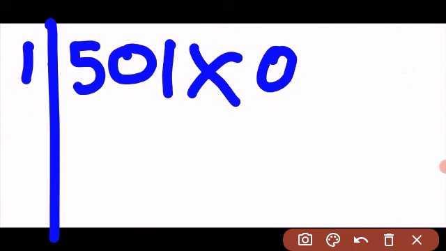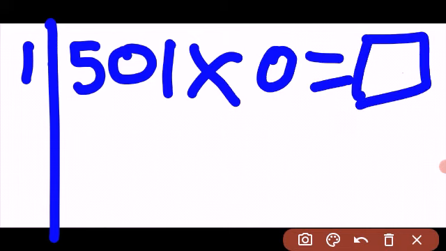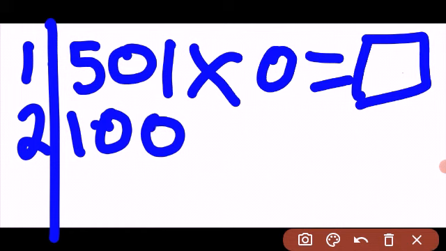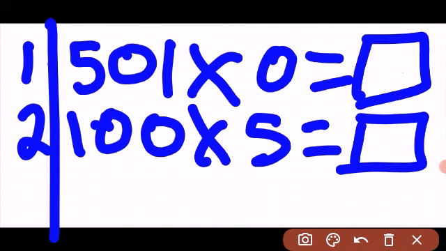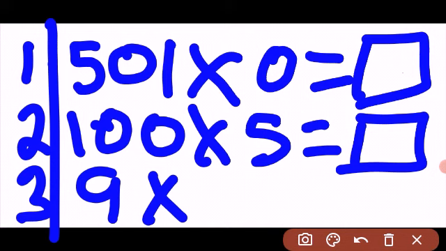Give me the answer. Equal to what? I can box it like primary 1 people do. All right. Number 2. 100 times 5. Give me the answer. Number 3. 9 times 8.